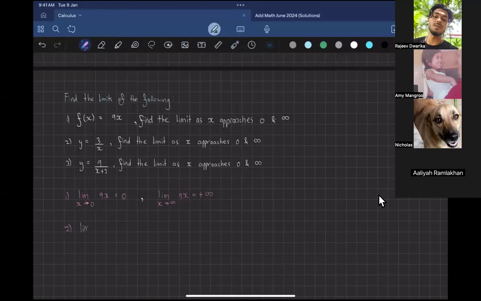Right, tell me. So x approaching 0 and it is 3 over x.